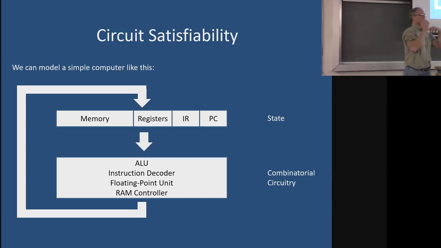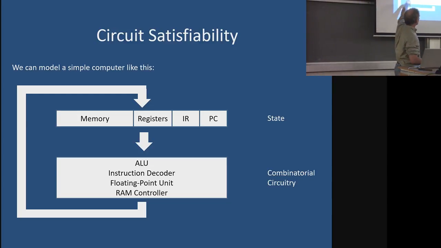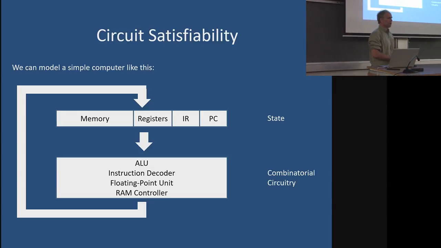So think of the simplest model of a computer you could think of. You don't want to think about a modern microprocessor with multiple cores and pipelined architecture, not any of that. Just the simplest architecture from 1950 will do, because you can compute anything on there if you wait long enough. It works in phases. You've got a memory, registers, an instruction register, a program counter. So you've got some state, and then you've got some logic.